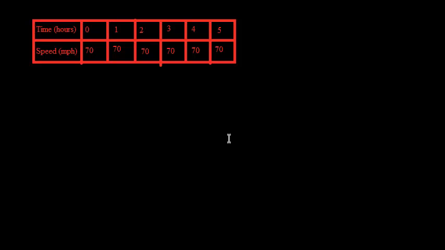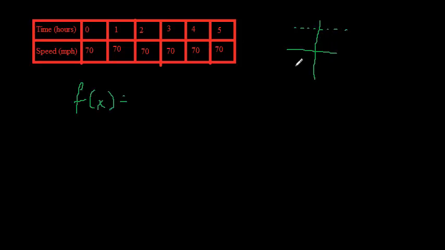Next, let's ask ourselves, what is the equation for this function? So we have our f of x, and then it needs to fit into some form. Now, it seems like I'm going at a pretty constant rate here, staying at 70, which most likely means we have a horizontal line at 70.